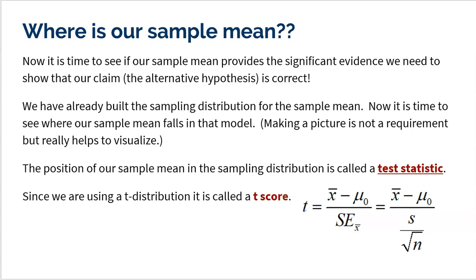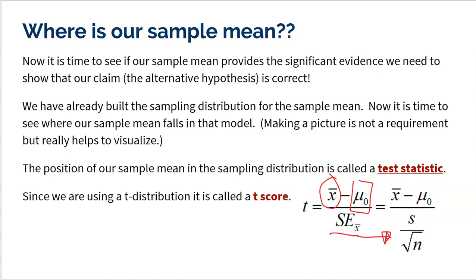To find our t-score, we're going to take our sample mean, x bar. We're going to subtract the mean from the null hypothesis. That's why it says mu sub 0. That's the mean that we assume to be true in the null. And then we're going to divide by the standard error, which this right here is the formula for.